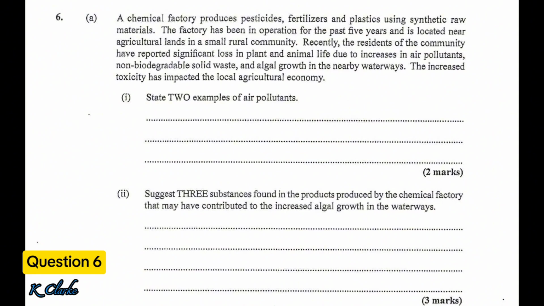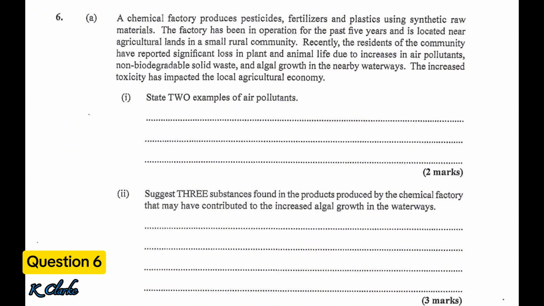Recently, the residents of the community have reported significant loss in plant and animal life due to increases in air pollutants, non-biodegradable solid waste, and algal growth in the nearby waterways. The increased toxicity has impacted the local agricultural economy.